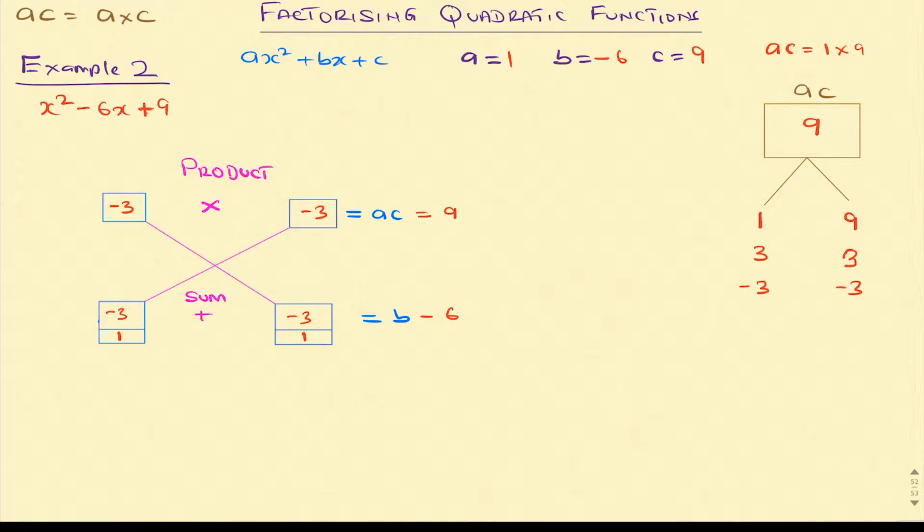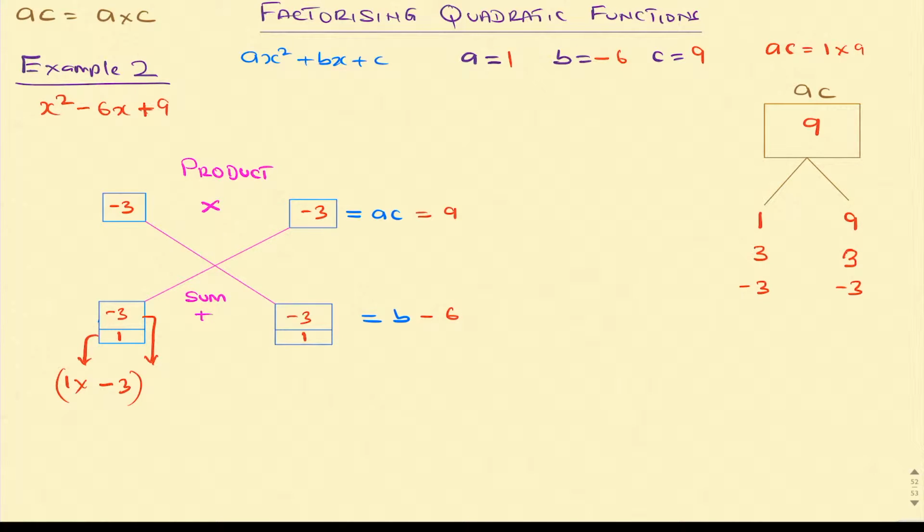Now the denominator of the bottom box is our x value, so that will give us our 1x. And the numerator of the bottom box is our constant, so that will be minus 3. So that's our factor, 1x minus 3.